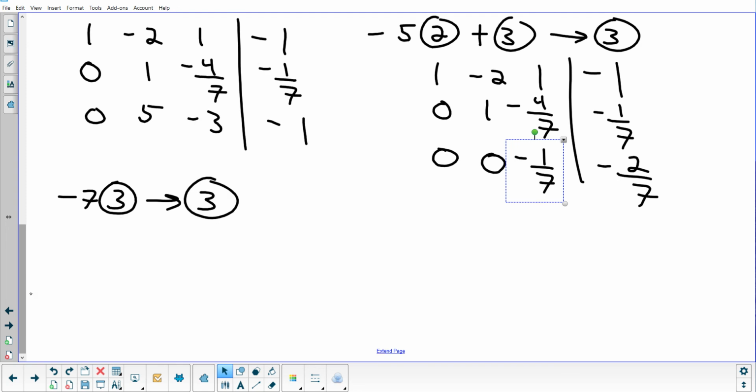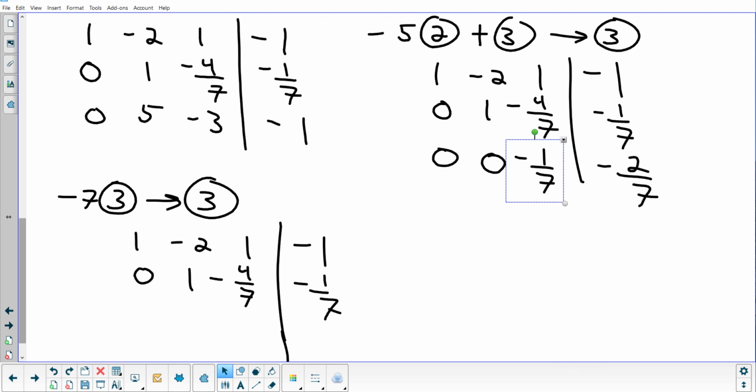So what's not changing? 1, negative 2, 1, negative 1, 0, 1, negative 4 sevenths, negative 1 seventh. And what do you get if you multiply this by negative 7? 0. The next one by negative 7? 0.